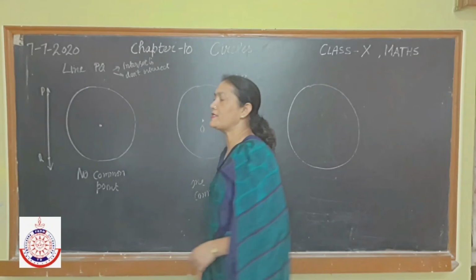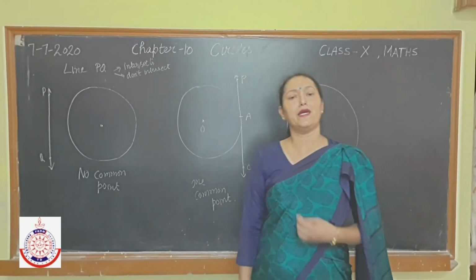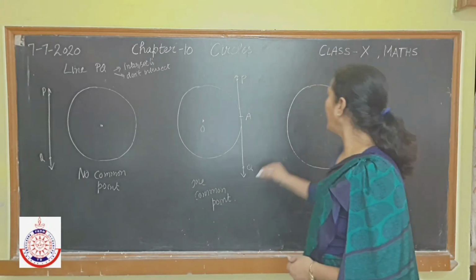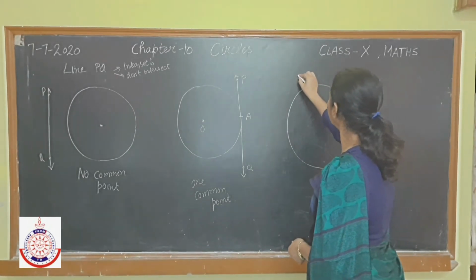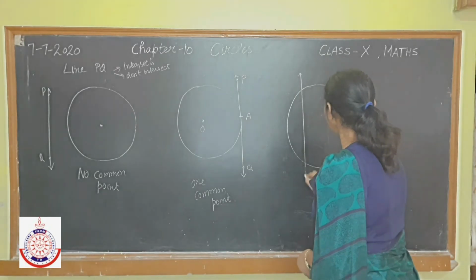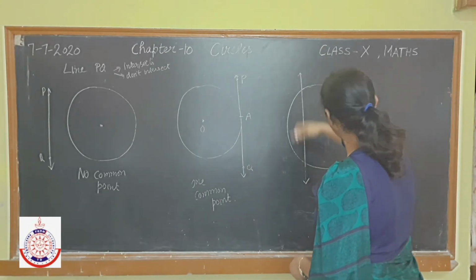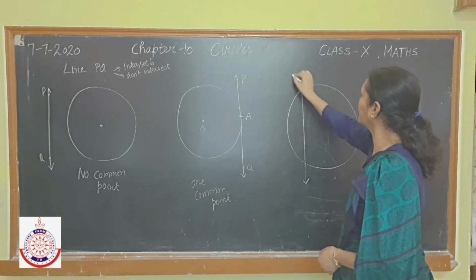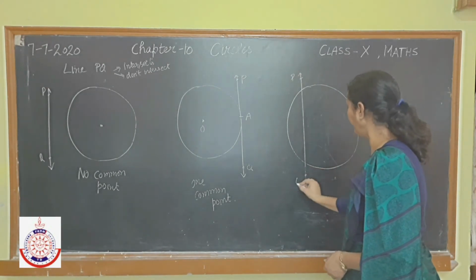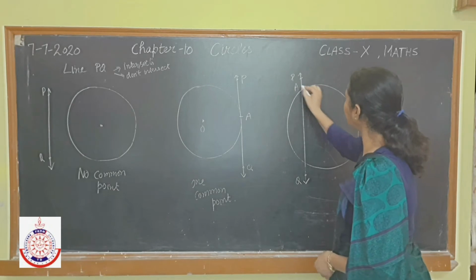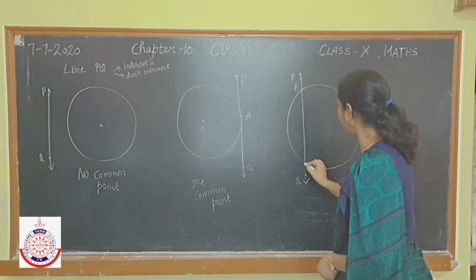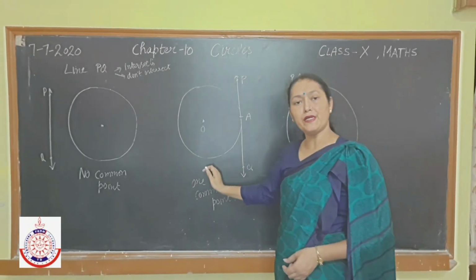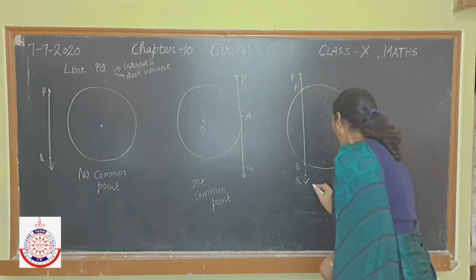Now the question arises, can this line intersect the circle at more than one point? Let us see. If we draw the line like this, the line is coming from within the circle. At this place, this line PQ is intersecting the circle at 2 points, A and B. Here we had one common point, and in this case we will be getting two common points.